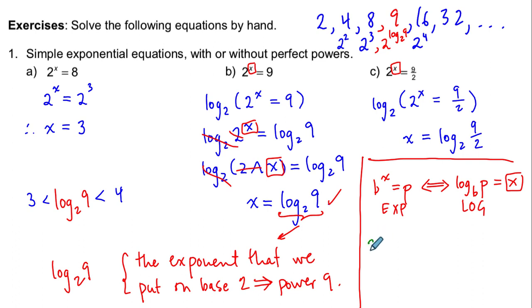I'll do it in green. 2 to the x equals 9 is equivalent to the rearranged logarithmic form, which still conveys the same information of base, power, and exponent. So we would get log base of the same base, which is 2, taken of the power, which is 9, and that will equal the exponent, which is x. And so in one step, we've rearranged and we're done.